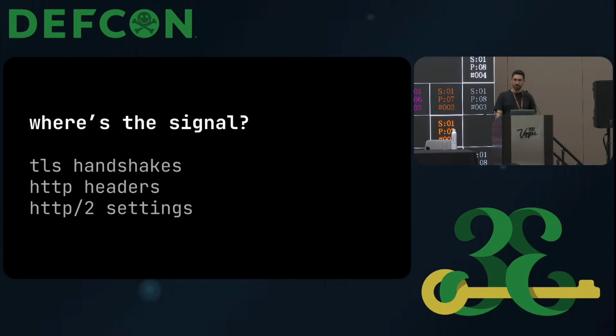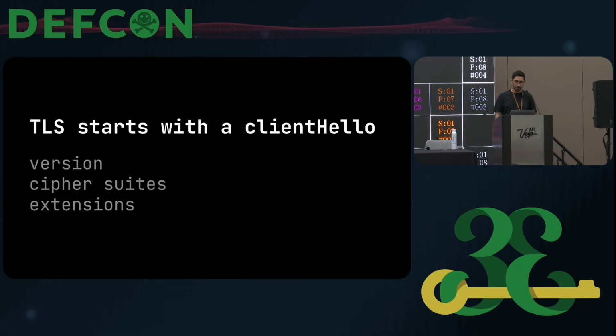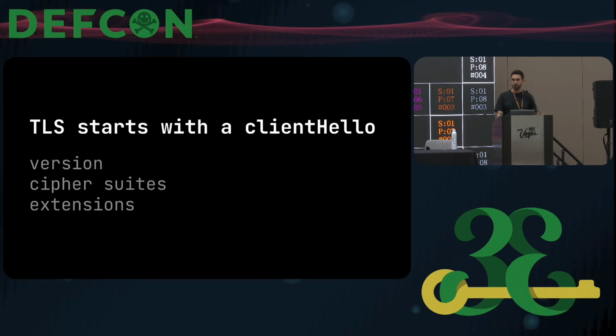For HTTP, as I said, the headers and the order in which those headers appear is where you should look. And HTTP/2, same. There are some frames like settings, updates, and priorities, which you can use for these fingerprints. So we'll start with TLS. In the client hello, we have multiple parameters. One is version, the other is cipher suites, and then extensions.